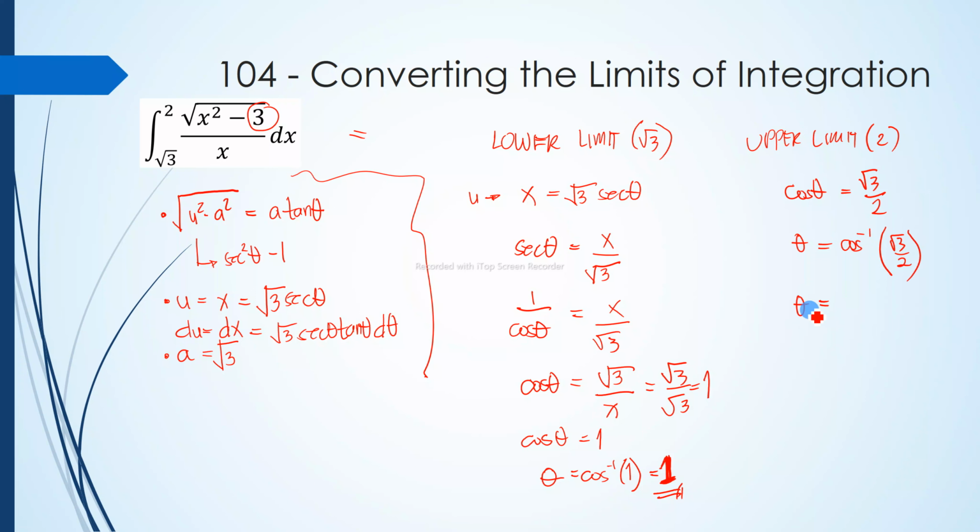And our upper limit is pi over 6. Sorry, the inverse of cosine 1 is not 1, that is 0. So our lower limit is 0, upper limit is pi over 6. Again, don't forget to set your calculators into your radian modes.